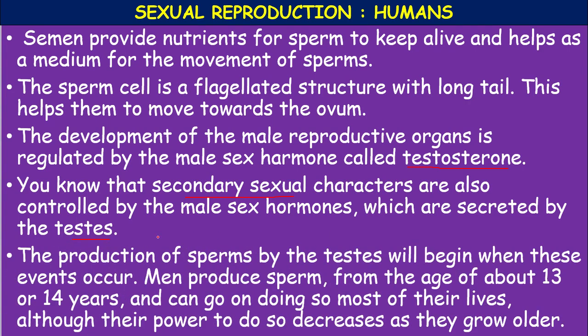The production of the sperms by the testes begins when puberty events occur. Men produce sperms from about 13 or 15 years and go on doing so most of their life, so it decreases as they grow older.